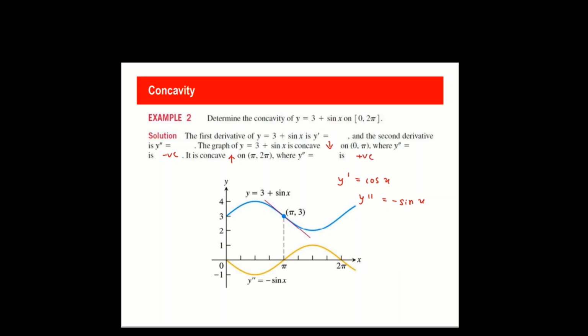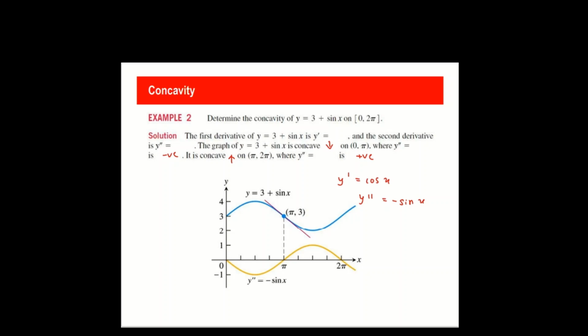If you are not certain about my conclusion, you can try to plug in values. First from 0 to pi, you plug in the values and you see that the values are always negative, and this is also reflected in these yellow lines here.